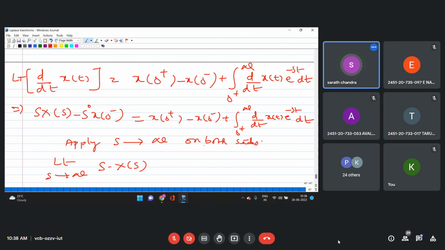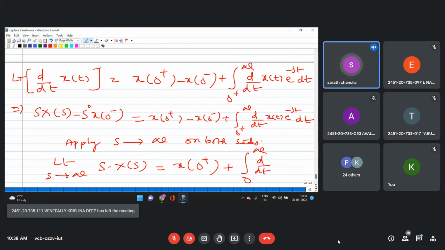Clear? s into x of s, which is equal to x of 0 plus, plus 0 plus to infinity d by dt of x of t.